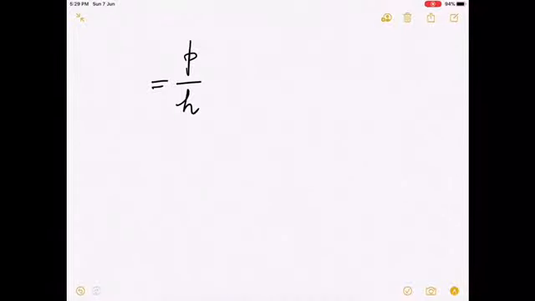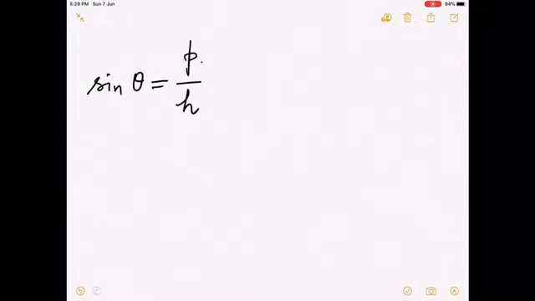In the same way, the ratio of perpendicular to hypotenuse will also be fixed. Now this ratio for any particular angle theta, perpendicular upon hypotenuse, is known as sine theta.